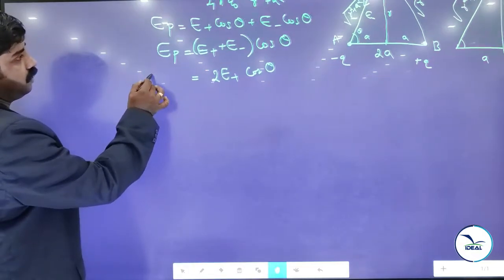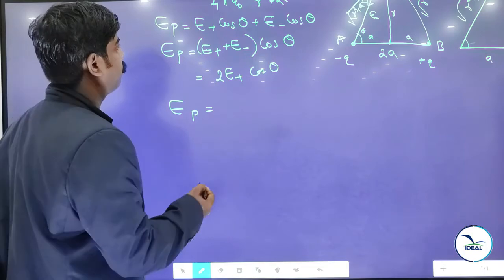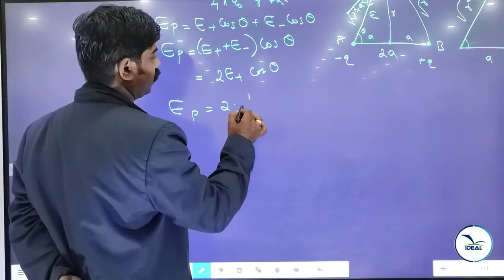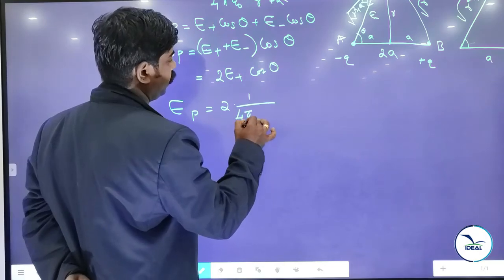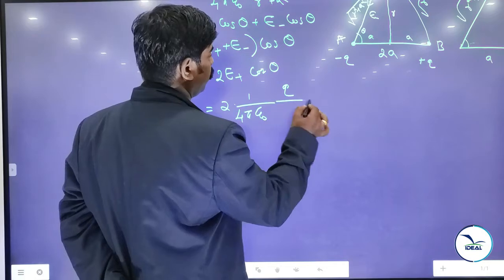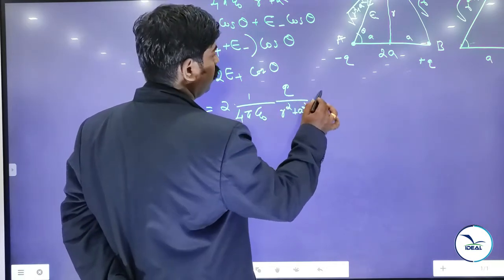Then EP is equal to 2 into E plus, we know that it is 1 by 4 pi epsilon 0 Q divided by R square plus A square into cos theta.